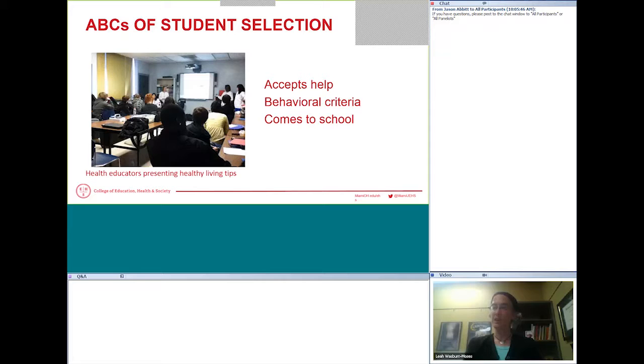Behavioral criteria, a good question about that, particularly because we have a single teacher out there who's in charge of everything, and these students do have behavioral challenges. However, we cannot accept students with really significant behavioral needs, because we only have the one adult there. We have had behavioral incidents. We're really lucky, we've only had 1 or 2 fights over our 7-year history.